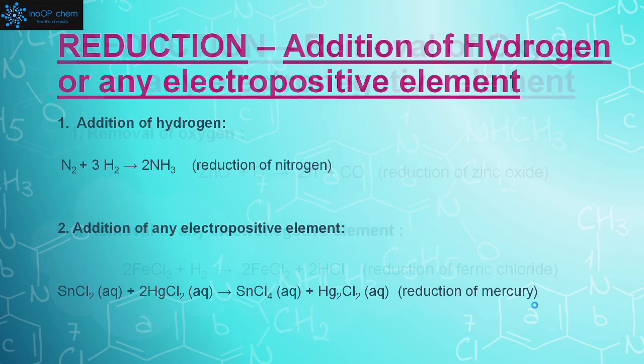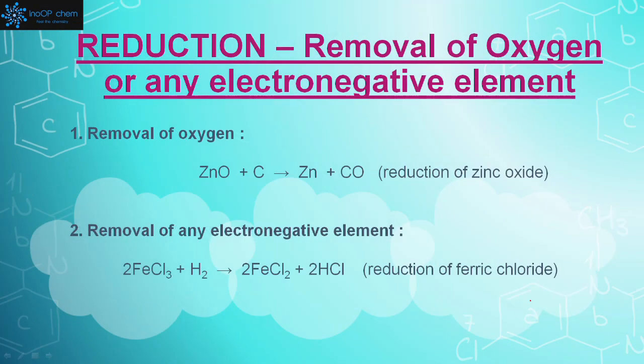Now the reduction as removal of oxygen or any electronegative element. In the first reaction, it involves removal of oxygen. In this reaction, zinc oxide and carbon react to form zinc and carbon monoxide.